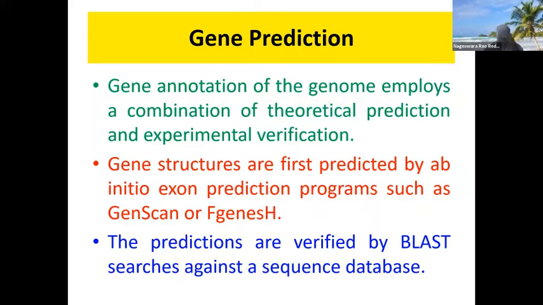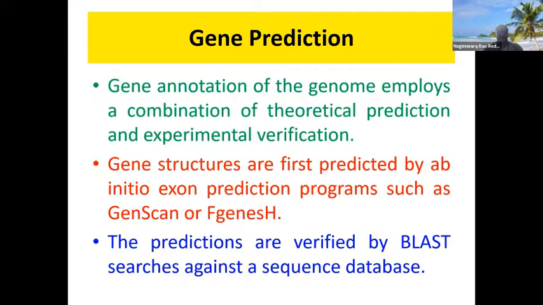Coming to eukaryotes, the ab initio method also looks at exon prediction, and there are several tools available for us, known as GeneMark eukaryote.